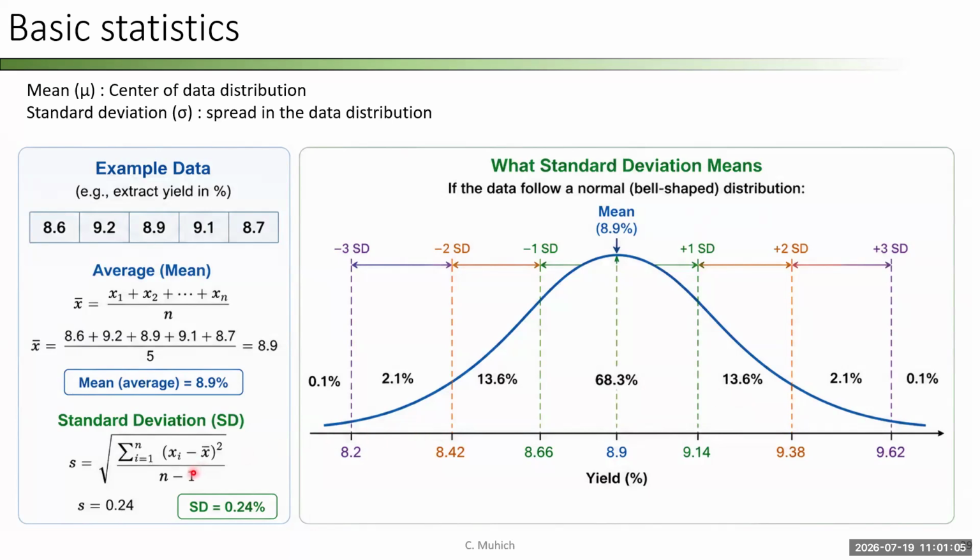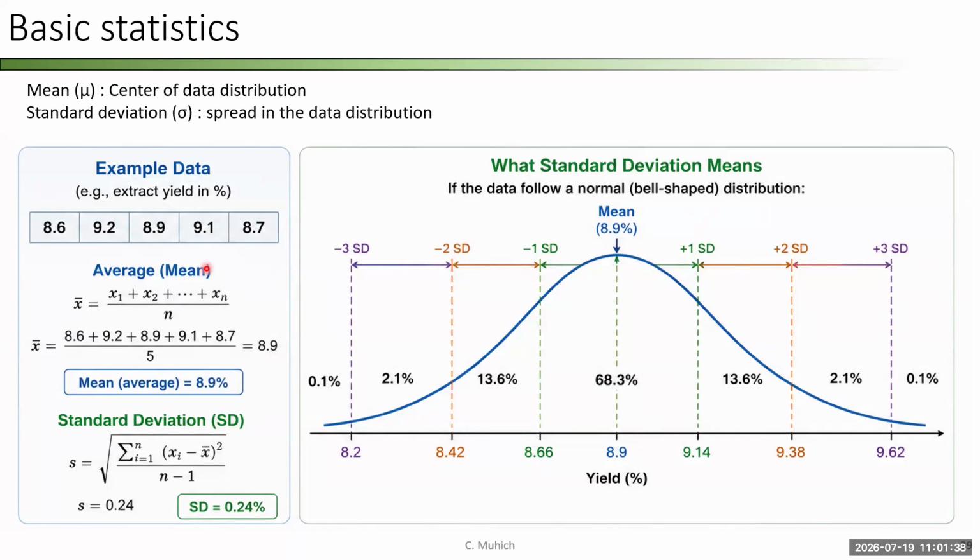The standard deviation is calculated as the square root of the sum of the squared differences between each data point and the average, divided by n minus 1. So in this example shown up here, the standard deviation is 0.24%. This is substantially smaller than the mean, which indicates that this data set is pretty consistent. We're getting pretty consistent results.